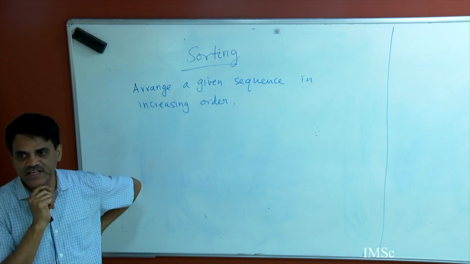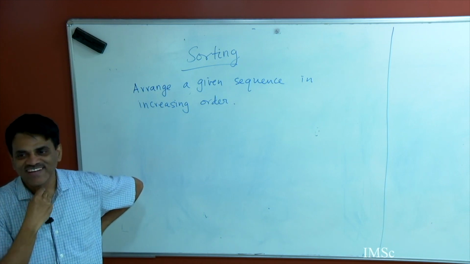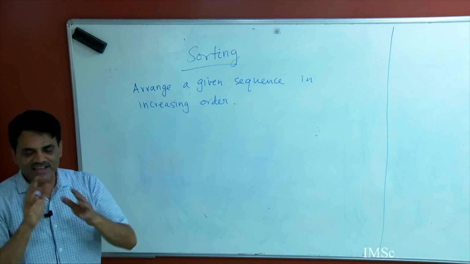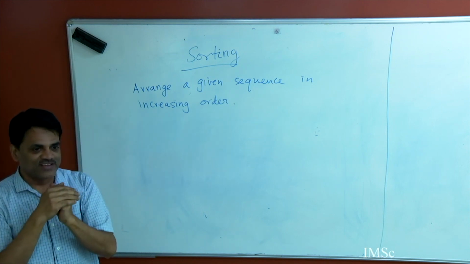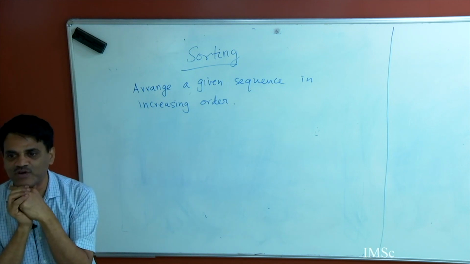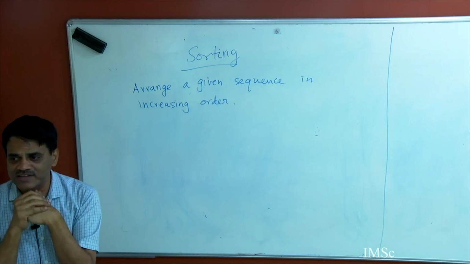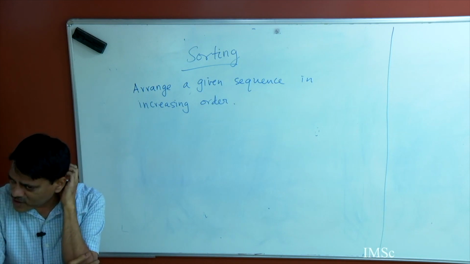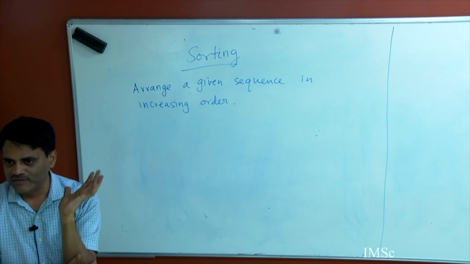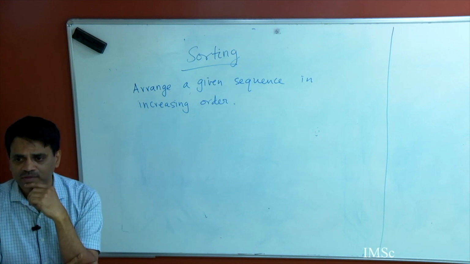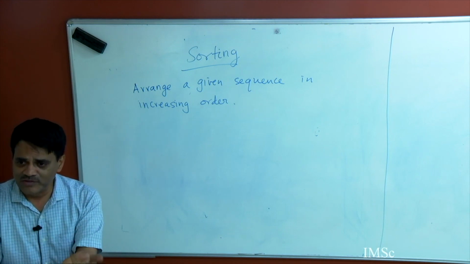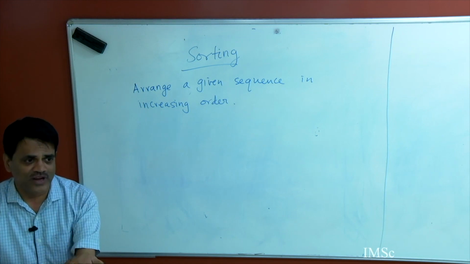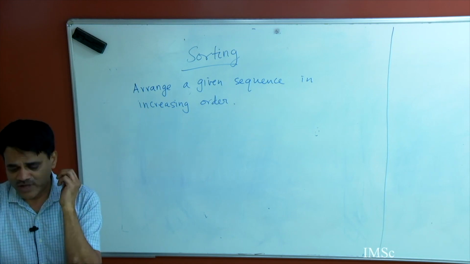Just imagine if the dictionary is not sorted, how do you search for an element? Of course, nobody takes the book and now everything is online, but it's the same story there. In fact, there are some studies that show that some 30-40% of the computer time is spent on sorting. The moment you computerize some data, the first thing you want to do is to keep your data sorted, because that's what helps you to search.